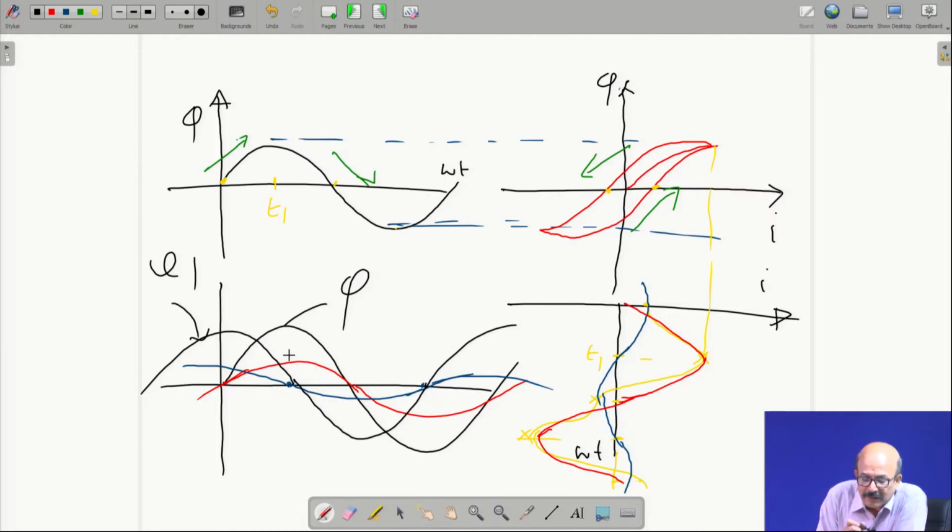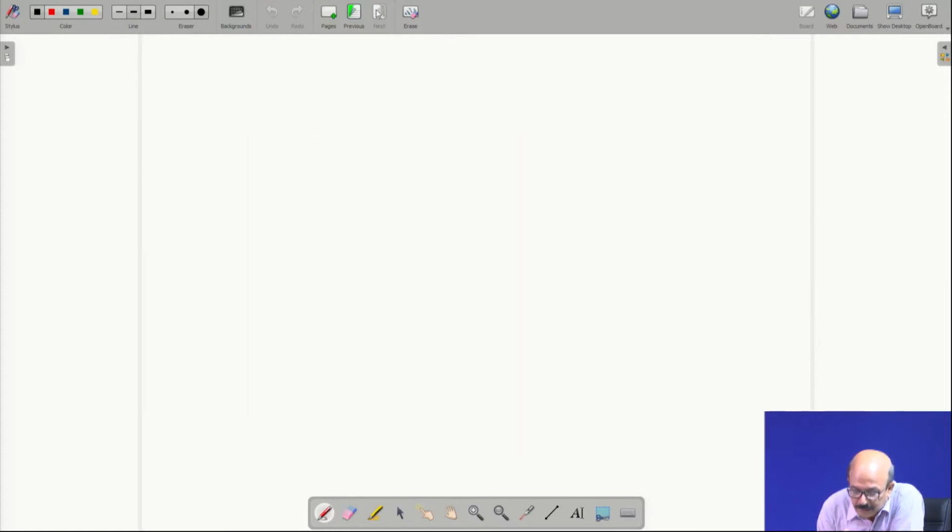And then next, if we try to draw the phasor diagram, we start with the flux phi, and then we have E1 this side. If it is a step down transformer, it will be less.